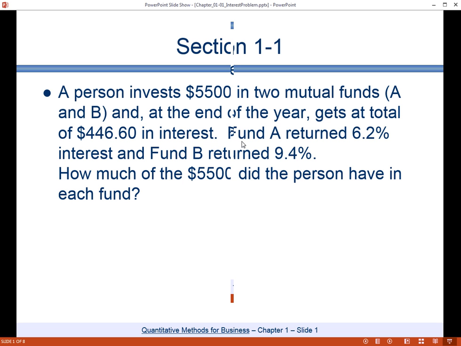So how much of the $5,500 did the person have in each fund? Okay, so we'd be able to figure out what the split of the original $5,500 was between Fund A and B, such that if you got 6.2% on Fund A and 9.4% on Fund B, the total would be $446.60.